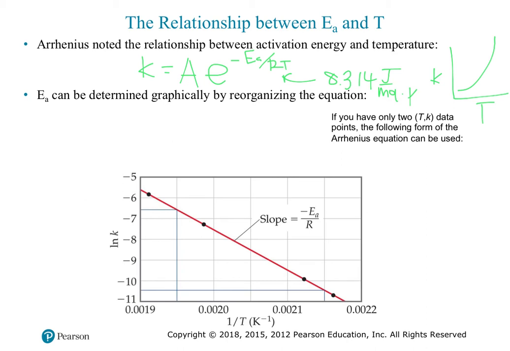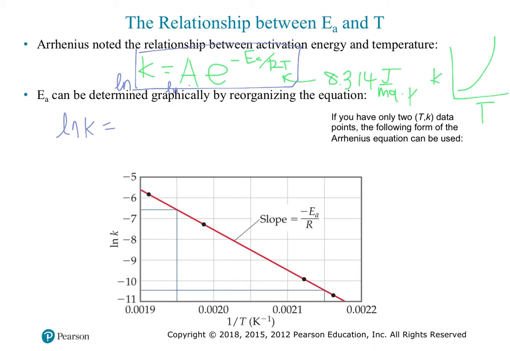Well, we can take the natural log of both sides. And keep in mind, this is an equation you need to know. If we take the natural log of both sides, what we get is the natural log of the rate constant equals the natural log of A times e gets split apart by adding.